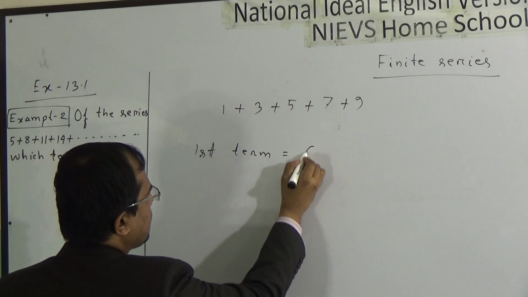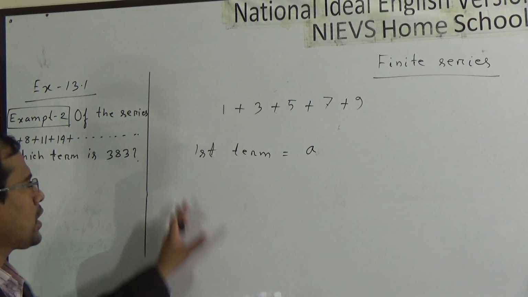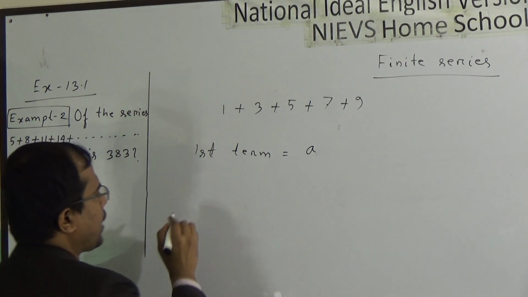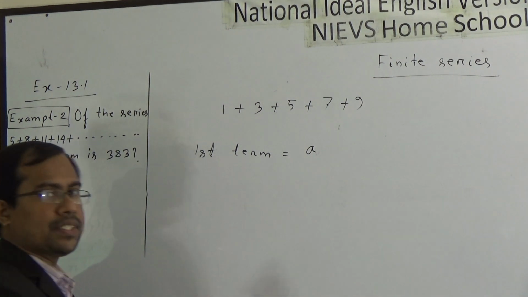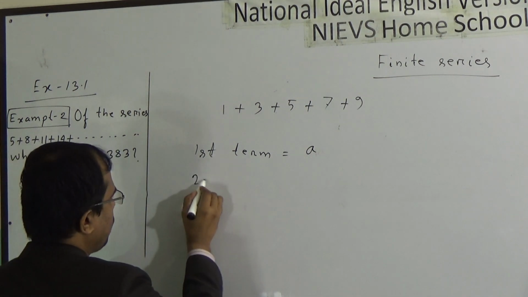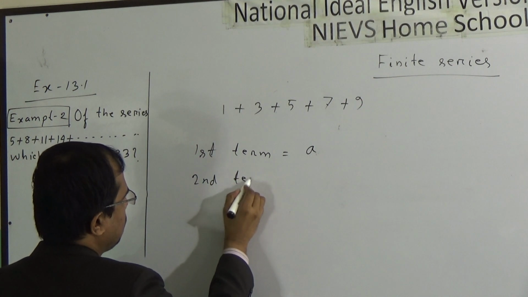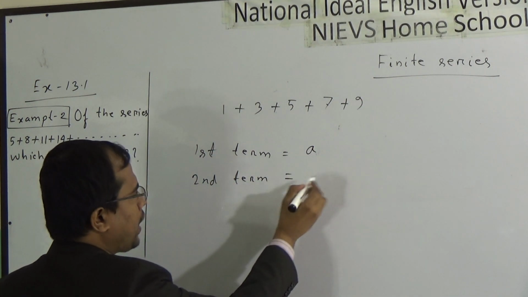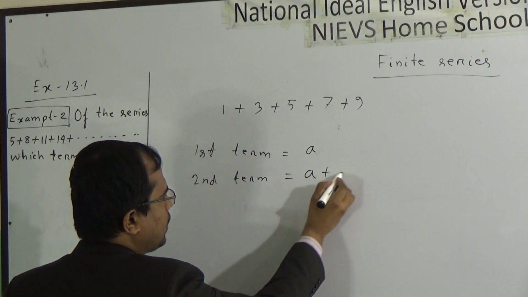Dear students, if the first term of any series is a and its common difference is d, then the second term will be a plus d. That means we have to add d with a.